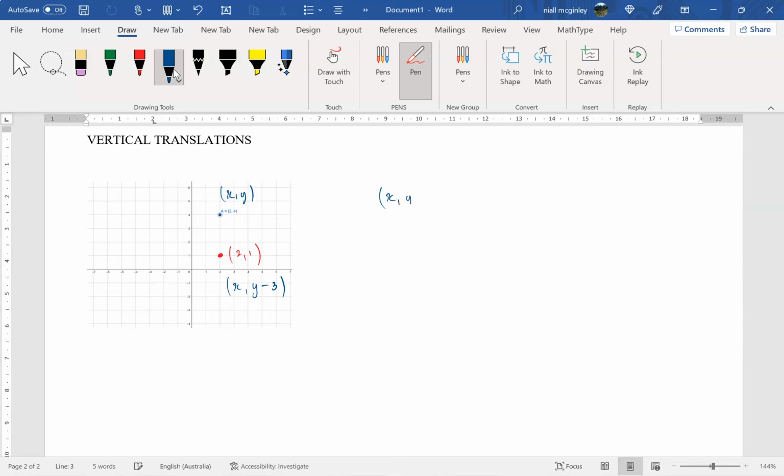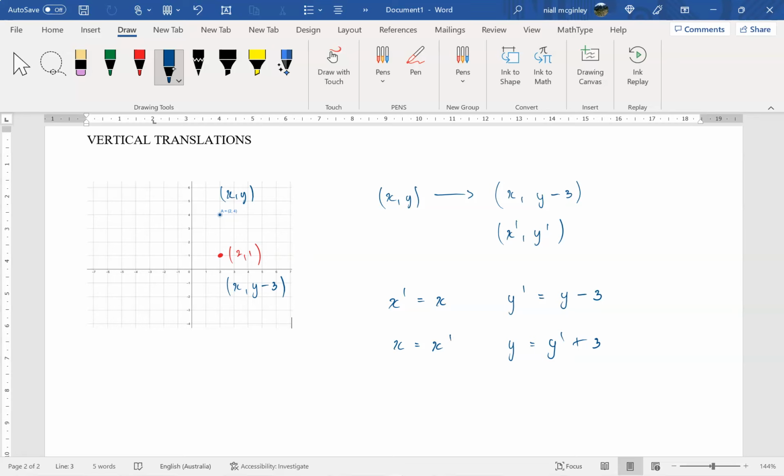So the image of that point under the transformation is going to be x, y minus 3. Again, the image of the point can always be, this is referred to as mapping. We can call this x dash, y dash, the new points. So what we've got here is x dash is going to equal x, and y dash is going to equal y minus 3. So then what we do is we make x and y the subject. So x is obviously just x dash, but y is going to be y dash plus 3.